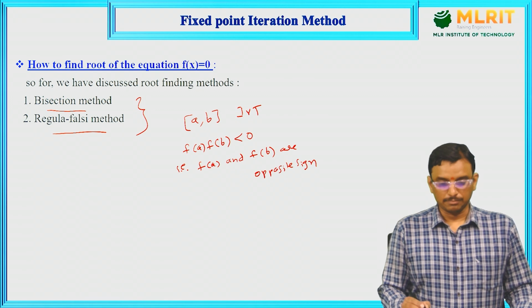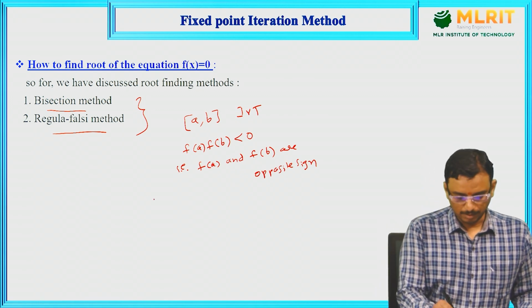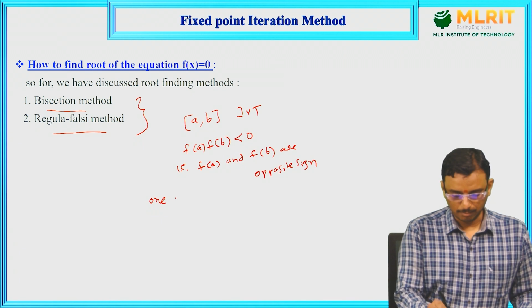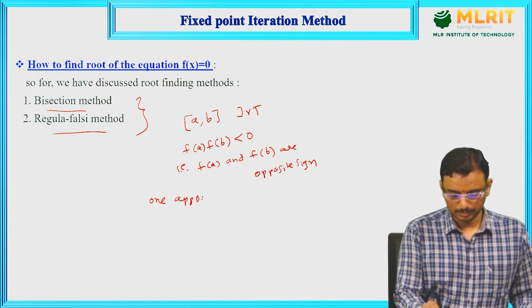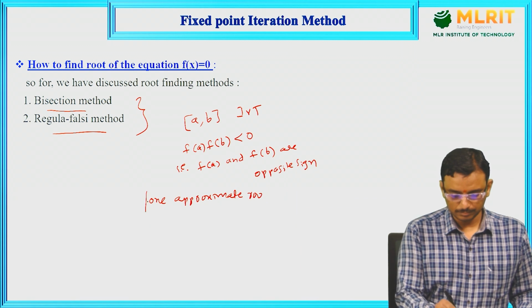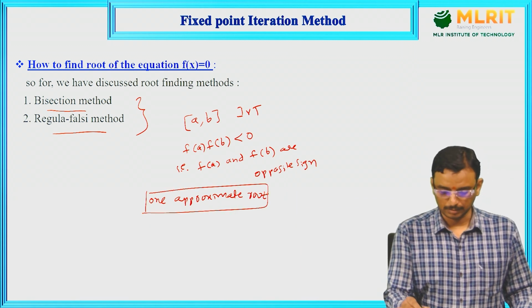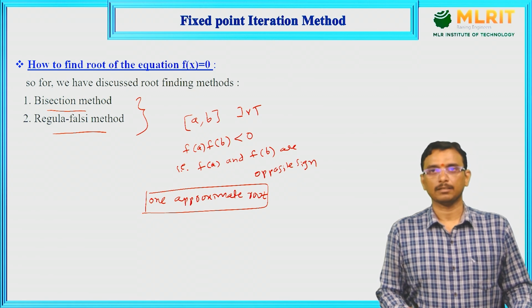Now in the fixed point iteration method, we require one approximate root, or one approximate initial value.